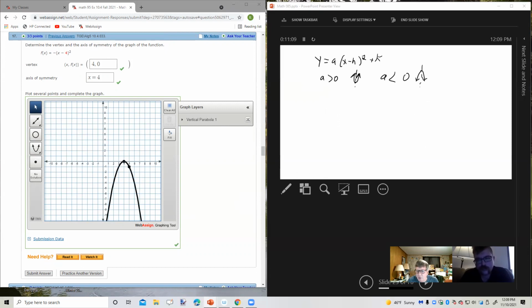They don't have us graph the axis of symmetry in WebAssign. If we were doing this in a classroom on paper, you would make a graph and you'd have that axis of symmetry as a dotted line going through the vertex. But again, WebAssign doesn't deal with that. The axis of symmetry is at x equals h, and the vertex is at (h, k).